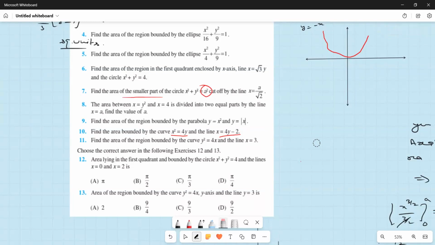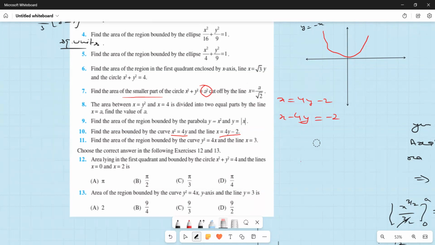And now this line x is equal to 4y minus 2. So if you check, this is x minus 4y is equal to minus 2, right? So if I make y 0, x is equal to minus 2.